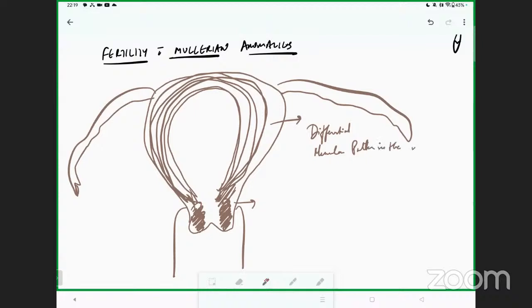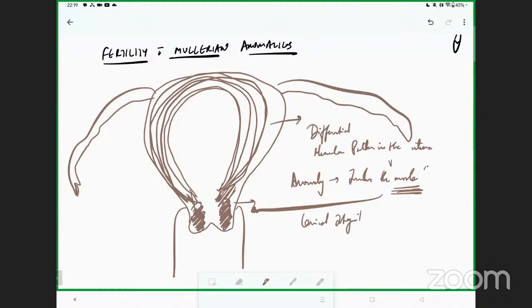Due to this differential muscular pattern in the uterus, this is the final thing which you should remember: any anomaly which involves the muscle will affect the cervical integrity. Because for the cervix to be integral, this type of muscle is supposed to be present.